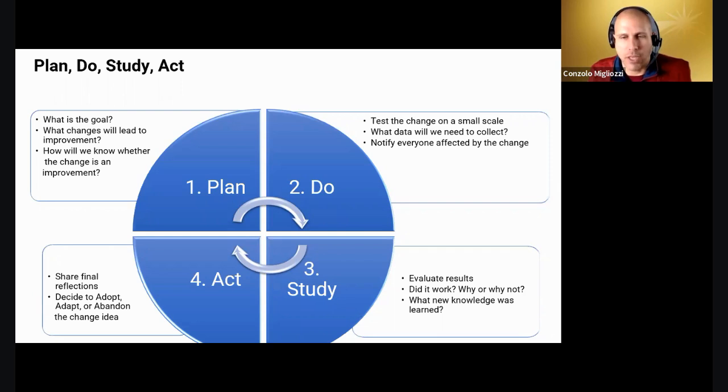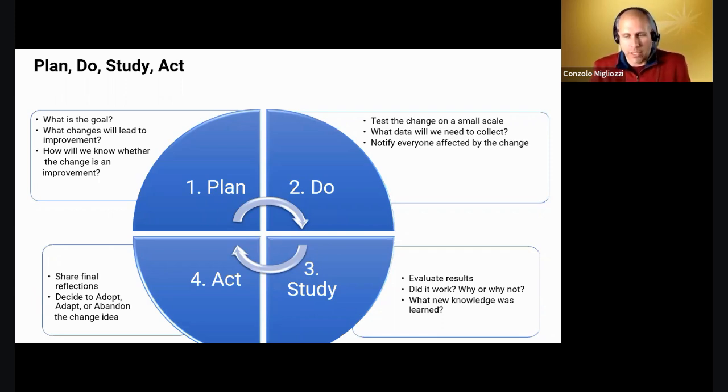And in this case, the same thing. You need something that you're going to measure, right? So you want to find out what the goal is, what changes would lead to improvement, and how you're going to know if it's accomplished. So you really need to understand the problem first. That's the key.